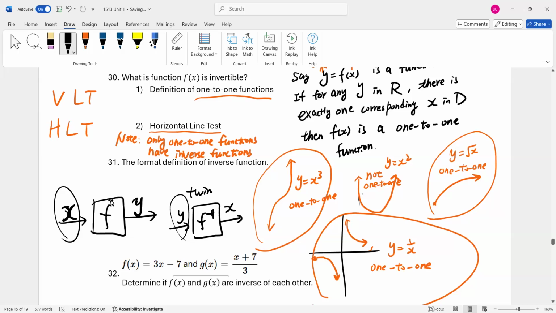Maybe I can describe it this way. Let's say the machine's input is a cow and the output is beef, right? If we make the function invertible, that means it has a twin machine. If you put the beef back into the twin machine, it can get you the original cow.